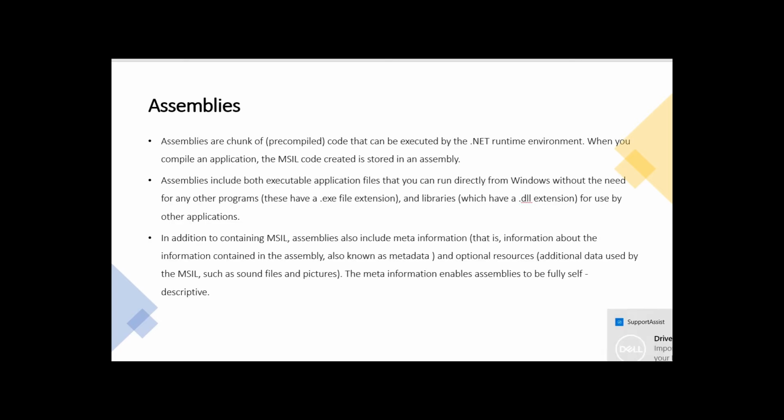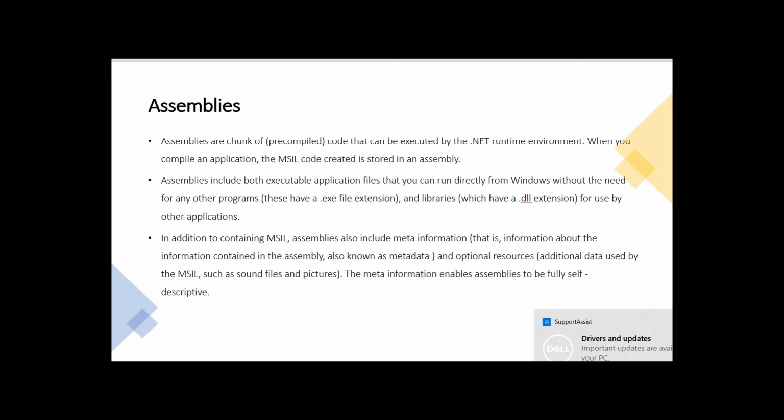So next we have assemblies. Assemblies are chunks of precompiled code that can be executed by the .NET runtime environment. When you compile an application, the MSIL code created is stored in an assembly.